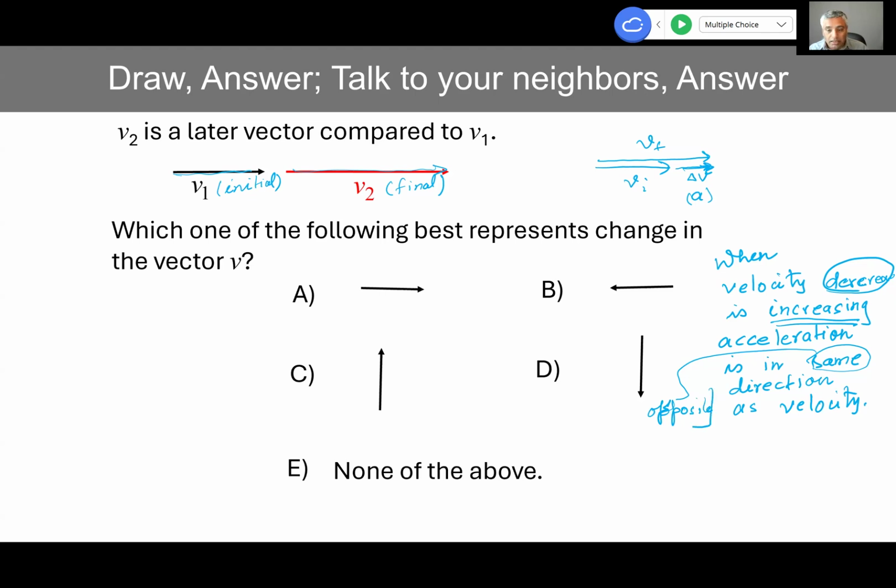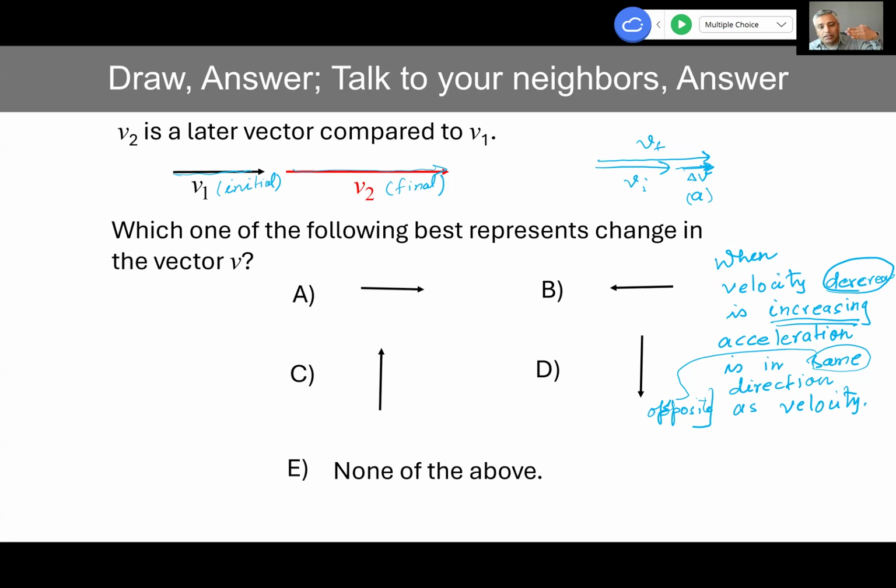So we proved it by actually drawing. Okay, we proved it. So in this case, the object is moving in the same direction, slowing down or speeding up. Sometimes the object may turn around. What happens is that the object may change direction.